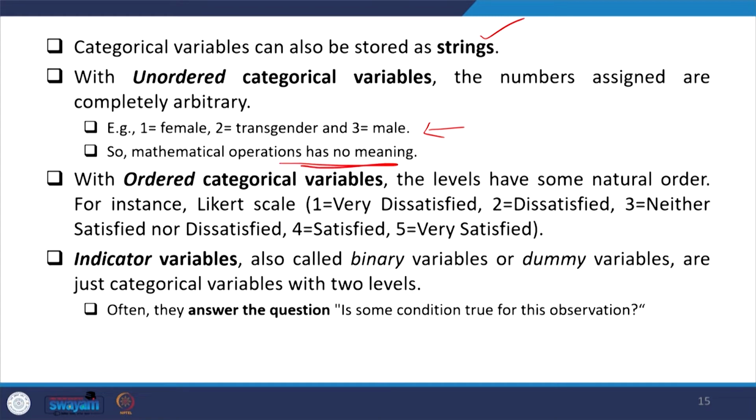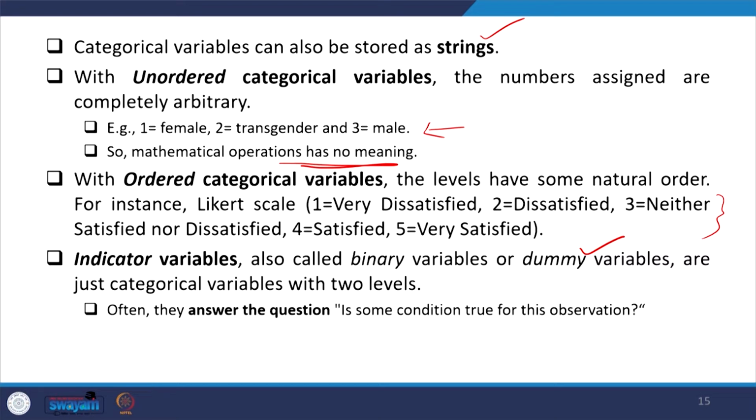With ordered categorical variables, the labels have some natural order, like Likert scale based identification of certain indicators that have certain magnitude of their values. Indicator variables are binary variables, 0 and 1, or dummies. 1 does not have any value, rather it is dummied by another one, it is explained by another category.